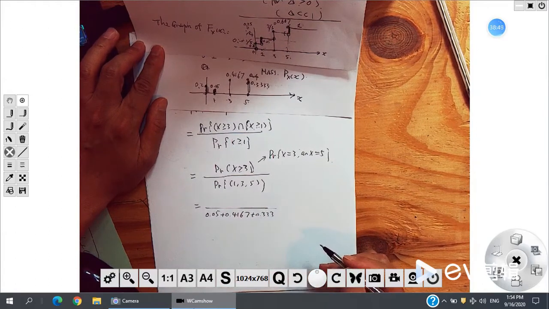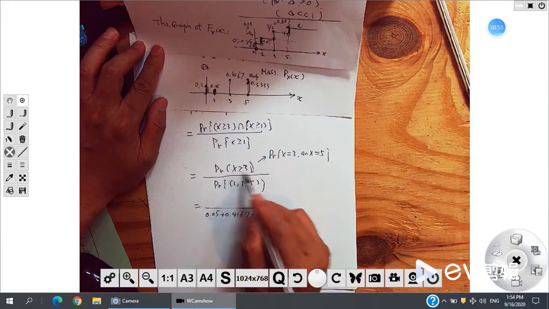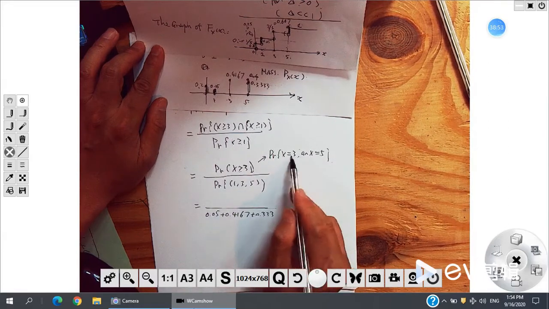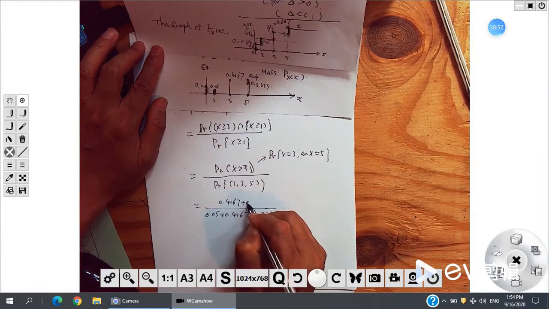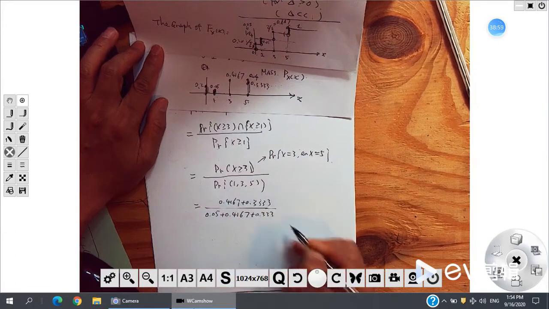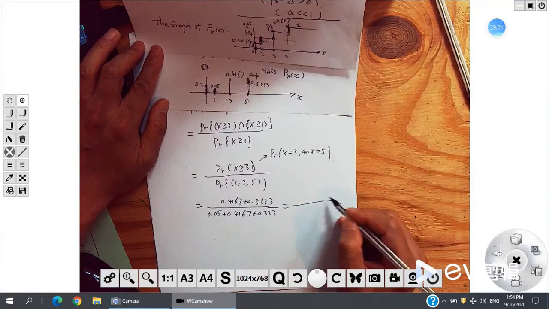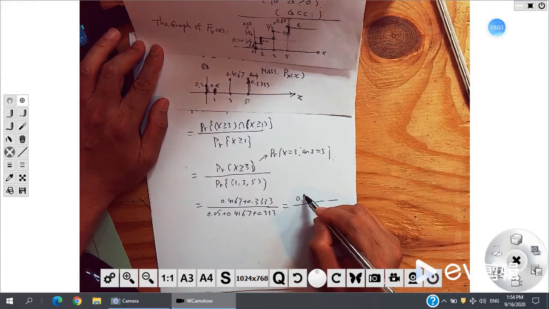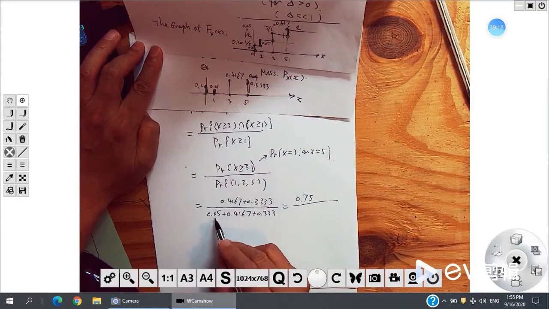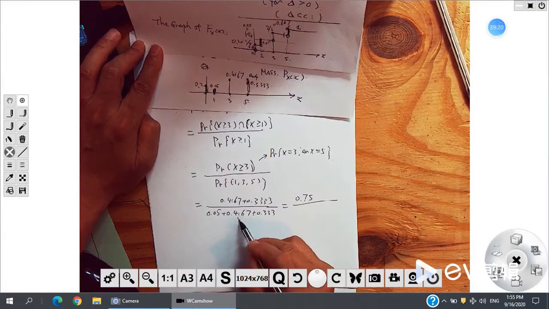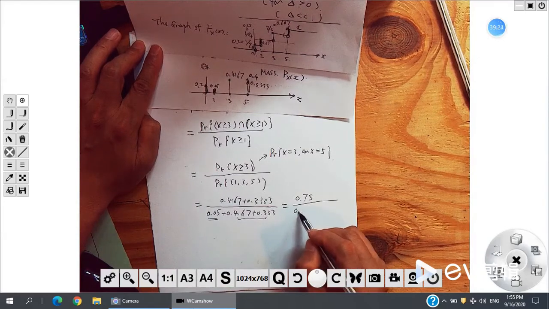The numerator is 0.4167 plus 0.3333, which gives 0.75. And the denominator is this plus 0.05, so it is 0.8.